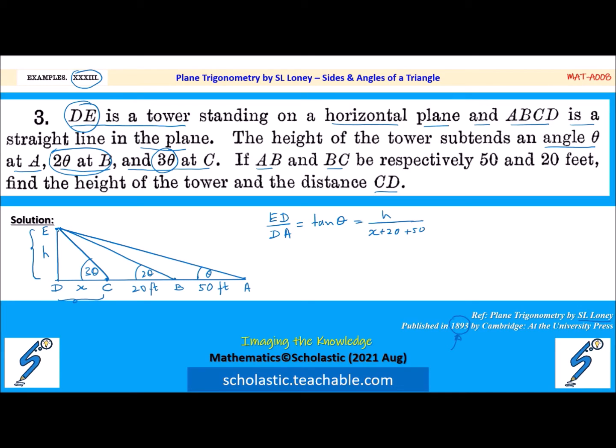And then we can take the other triangle, EDB, in which we can write ED over DB is equal to tan 2 theta, which is equal to H divided by X plus 20.